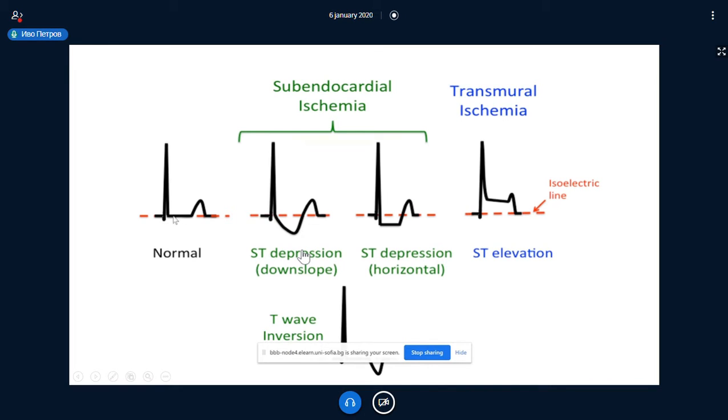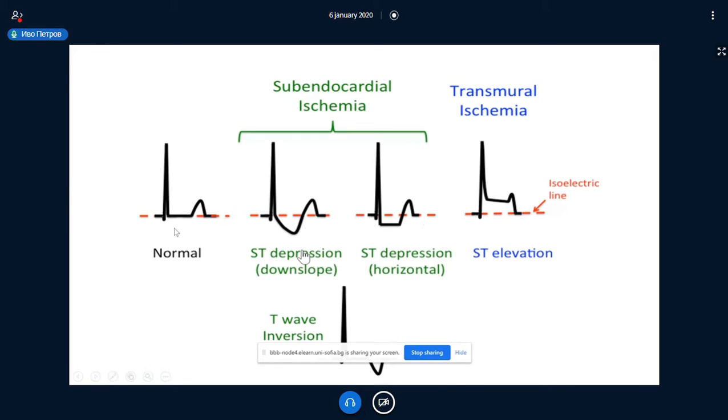The isoelectric line is very important on an ECG, so have in mind your virtual isoelectric line. This is the line that is in fact connecting the PQ segment between three consecutive QRS complexes.